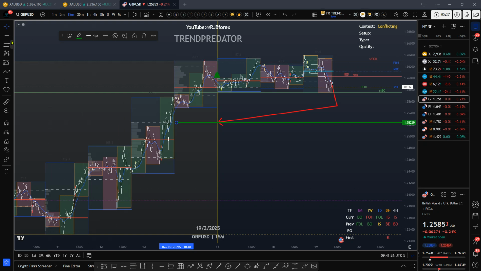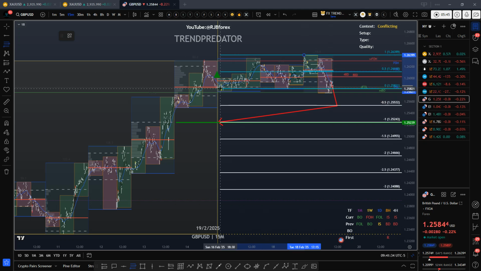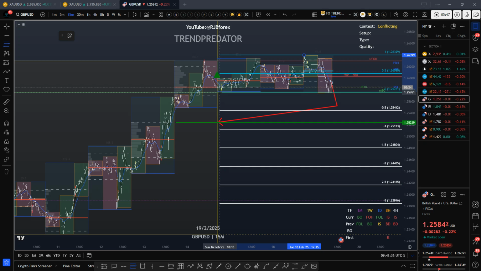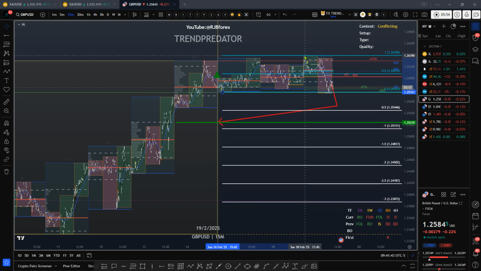which might align with an extension of the range. So if we measure the coil, high to the low, it comes in just ahead of a 100% range expansion of that coil.